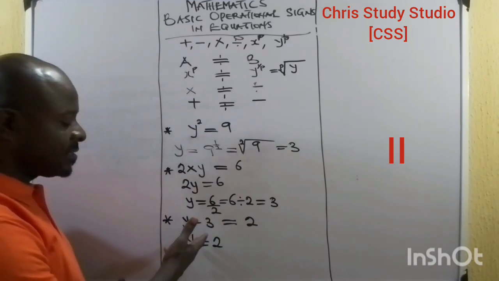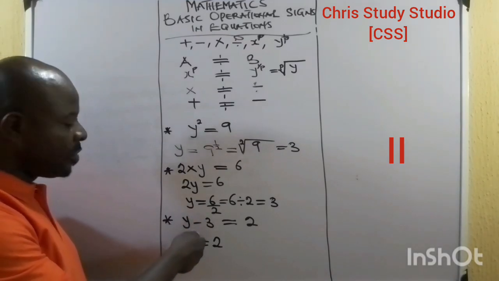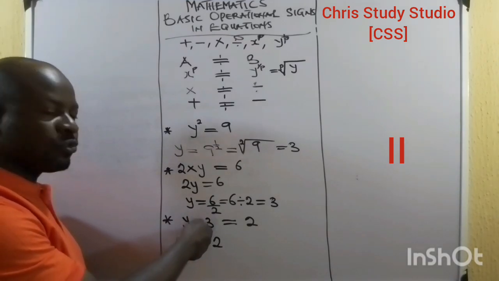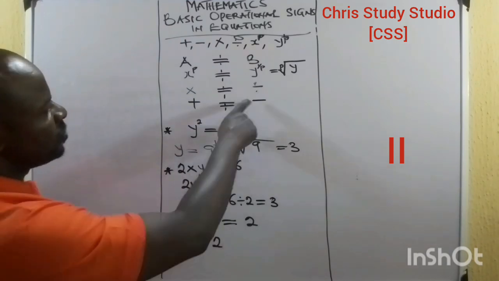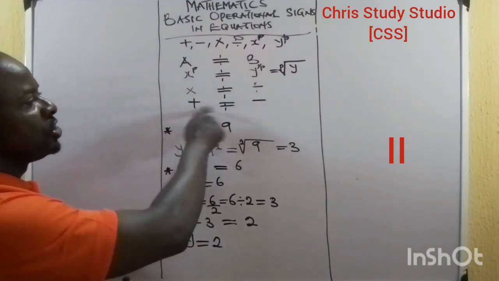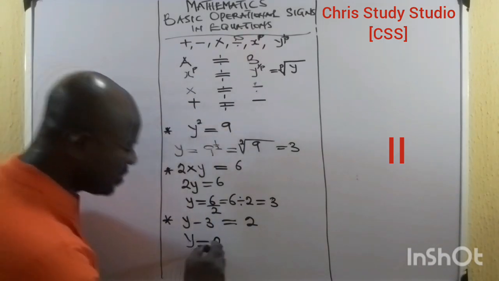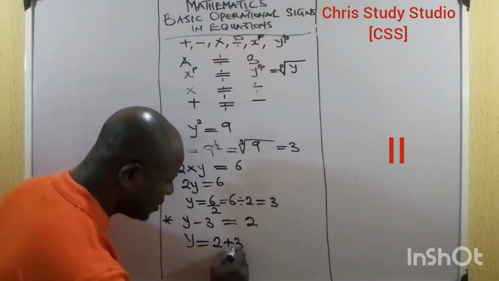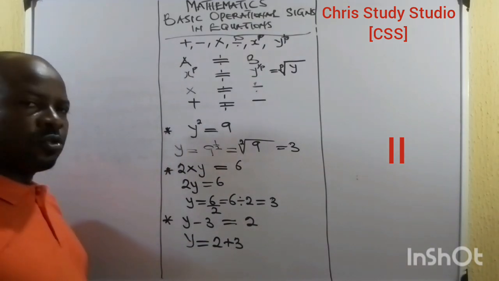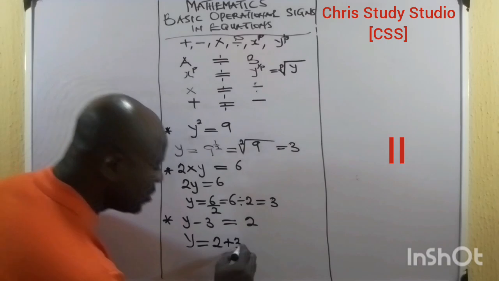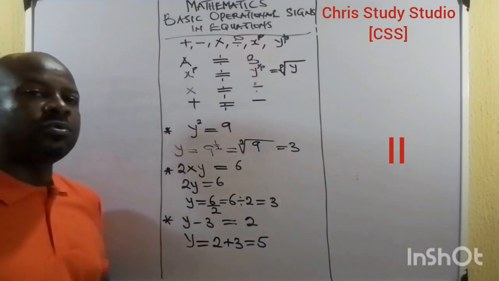And then, alas, it's going to change its operation from being subtracted to being added. That's where subtraction changes. Having crossed the equality sign, it becomes plus, and then you have plus 3. And primarily, we know that 2 plus 3 is 5. We now conclude that y is equal to 5.